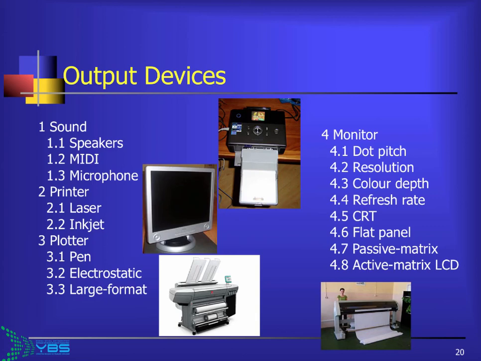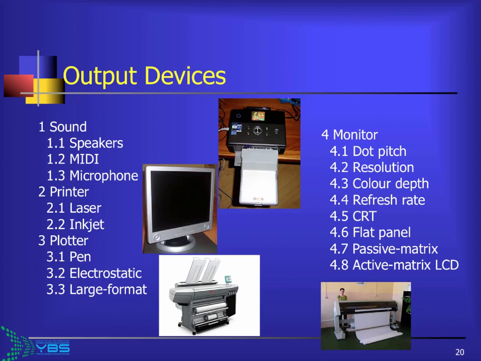So not only raster images, we can also analyze vector images and put them into the graphical representation of the map. So a plotter is quite useful for our geographical information system projects.